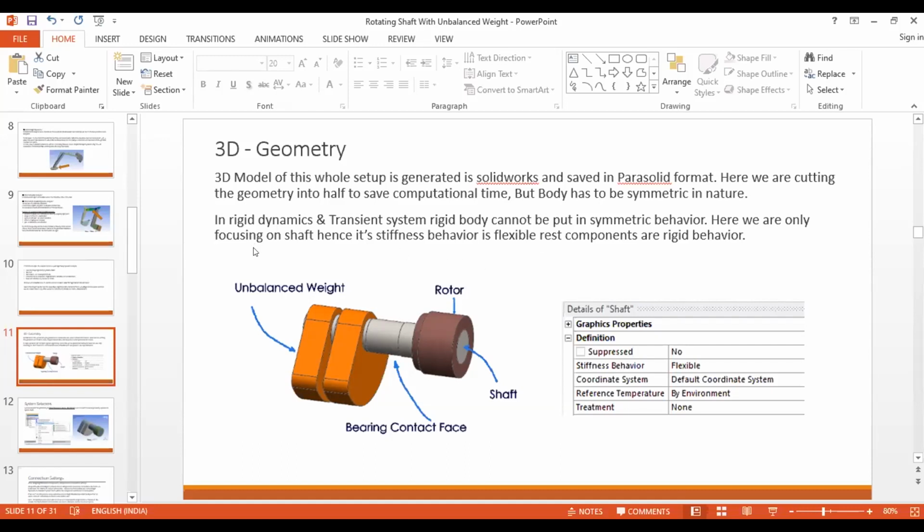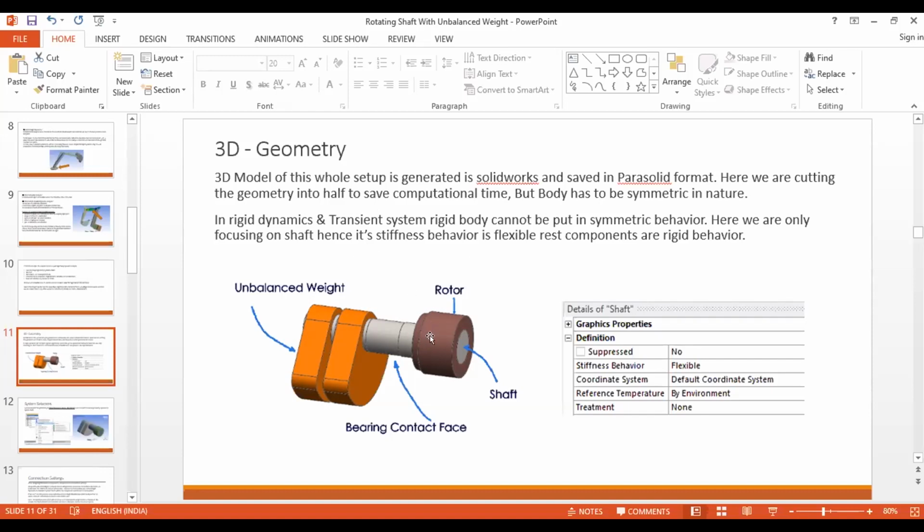In rigid dynamics, rigid body cannot be put in symmetric behavior. In rigid dynamics, you cannot put symmetric regions. If you try in transient system, there you can apply the symmetric region and proceed further. But in rigid dynamics, you cannot put the symmetric region. That's why here we are only focusing on shaft.